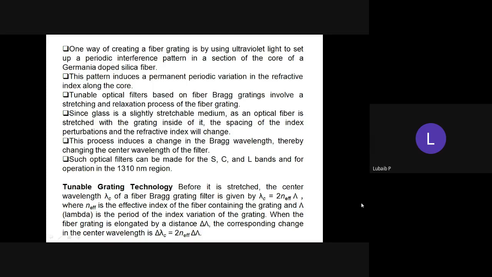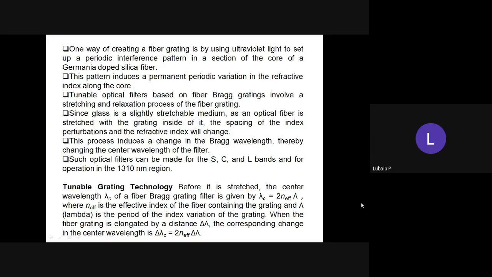For the tunable grating technology, before it is stretched, the center wavelength lambda c of the fiber Bragg grating filter is given by lambda c equal to 2 n effective lambda, where n effective is the effective index of the fiber containing the grating, and lambda is the period of the index variations of the grating.